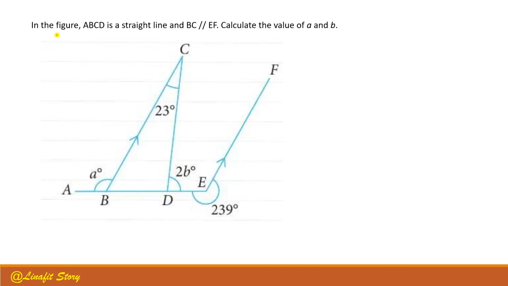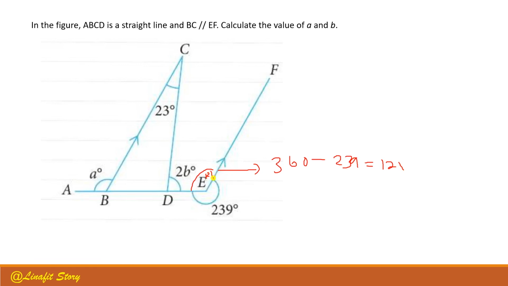In the figure, ABCD is a straight line and BC is parallel to EF. Calculate the value of a and of b. Over here, we will find the angle t. 239 is a reflex angle, so t is equal to 360 minus 239, which is 121.